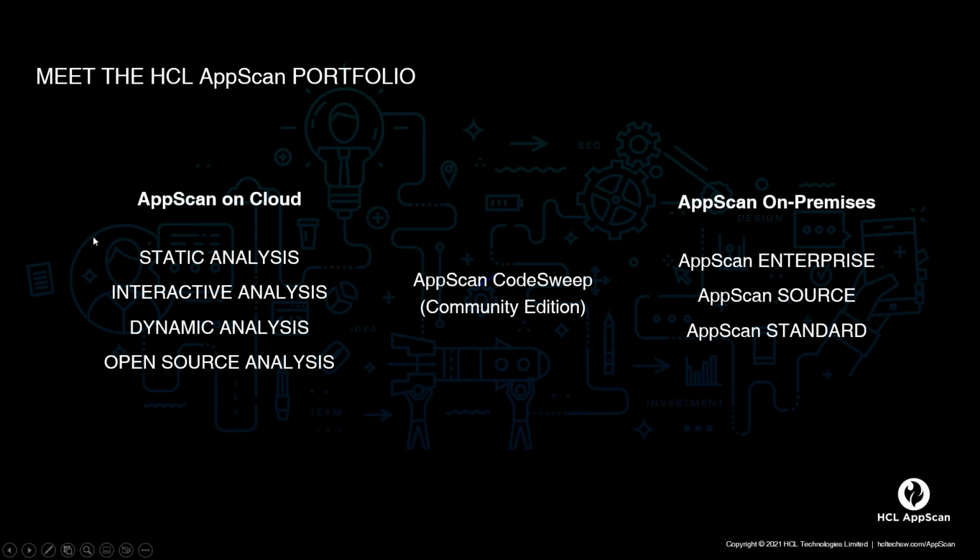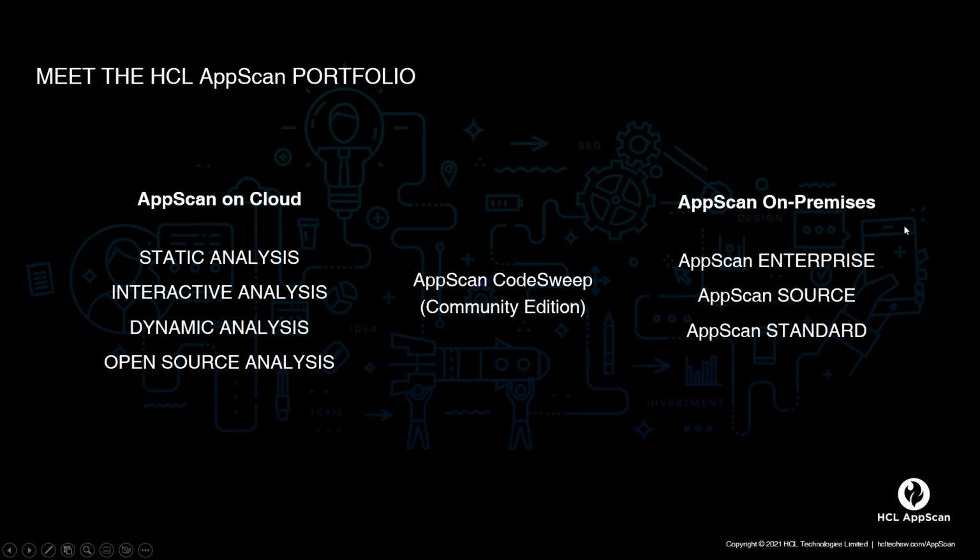All of these capabilities fit into the AppScan on Cloud platform. These are different capabilities within the platform that you can enable and leverage as part of the scanning requirements you have for your organization.